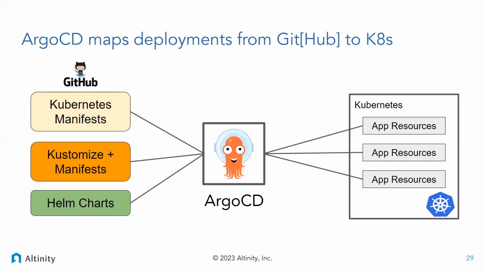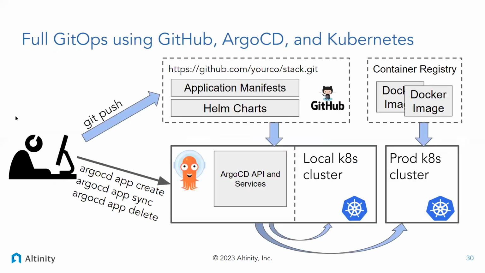Argo CD understands those. And then finally Helm charts, which are an incredibly popular way to deploy applications on Kubernetes. What's cool about Argo CD is it supports all of them. Regardless of how they're defined, you can use the same commands to set them up. It then gives you the means to apply them to specific clusters.